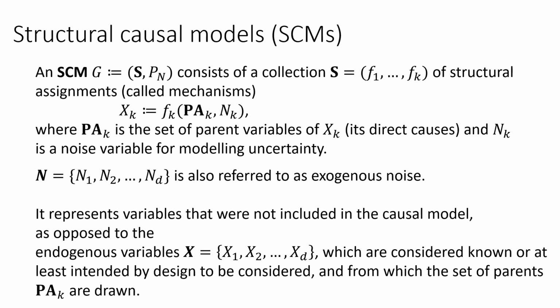N is also referred to as exogenous noise; it represents variables that were not included in the causal model, as opposed to the endogenous variables X, which are considered known or at least intended by design to be considered, and from which the set of parents PA_k is drawn. This model can be defined as a directed acyclic graph in which the nodes are the variables and the edges are the causal mechanisms.